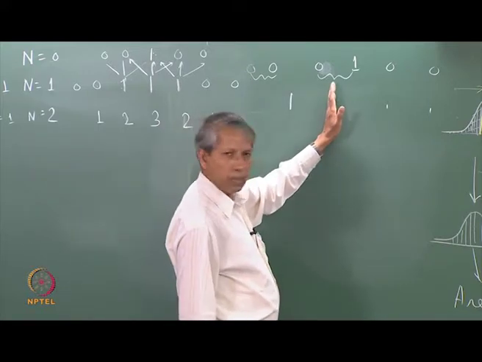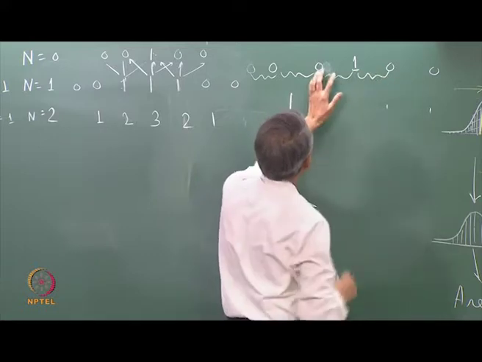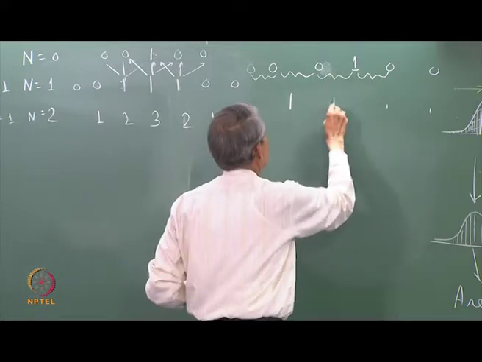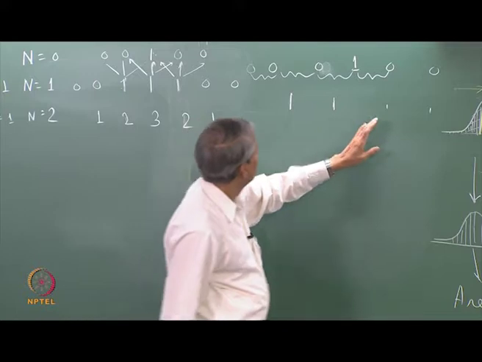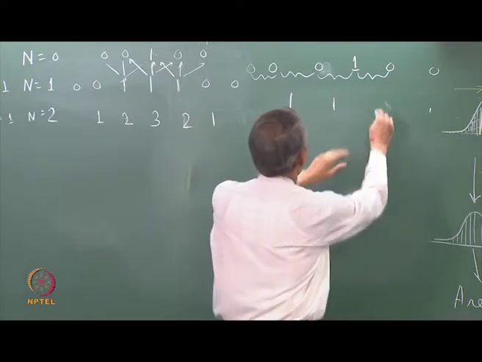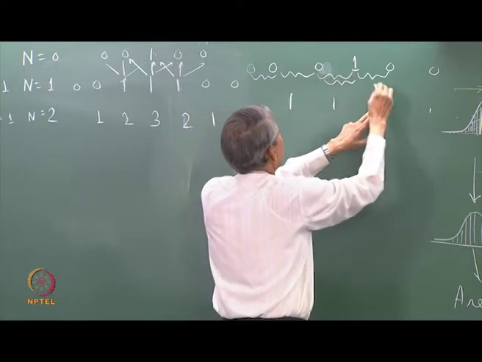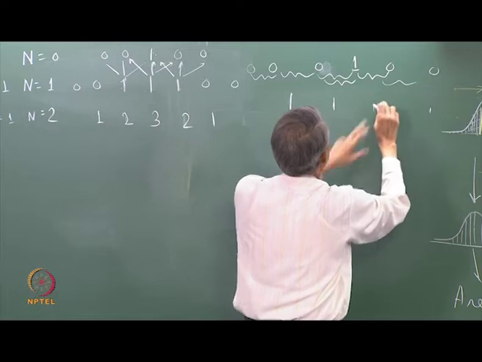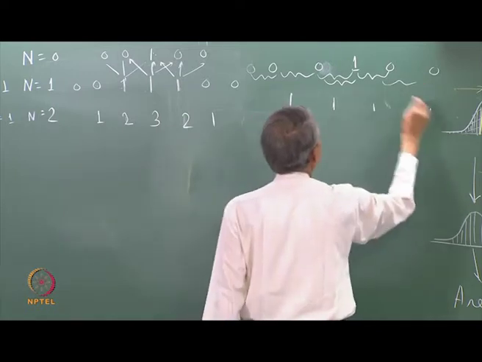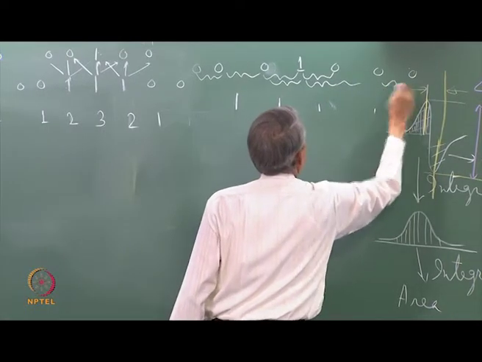Similarly here, I add these 2 numbers from the left and these 2 numbers from the right, and this gives me 1. Then to get the line here, I add 2 numbers from this left and these 2 numbers from the right, which gives me 1. And similarly here I add this and this, which gives 1.